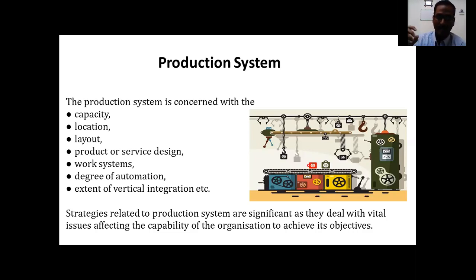Strategies related to the production system are significant as they deal with vital issues affecting the capability of the organization to achieve its objectives.